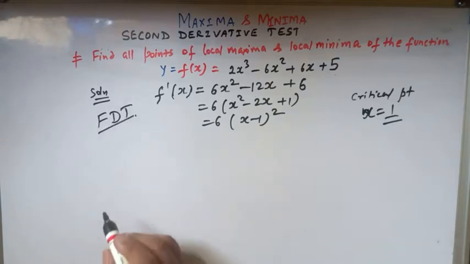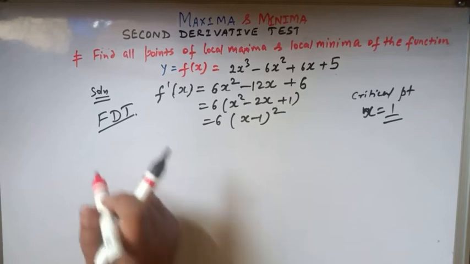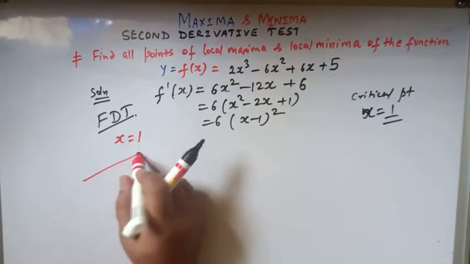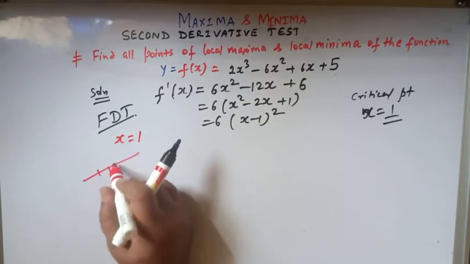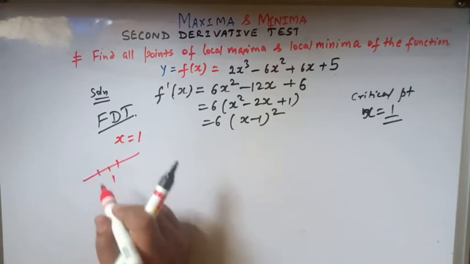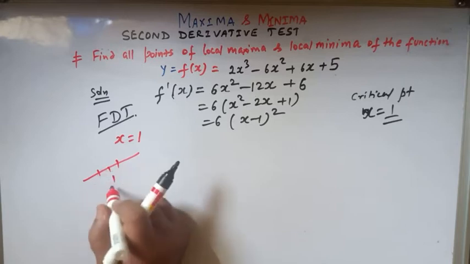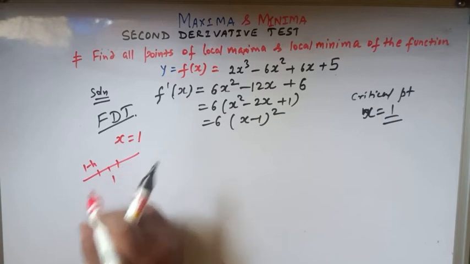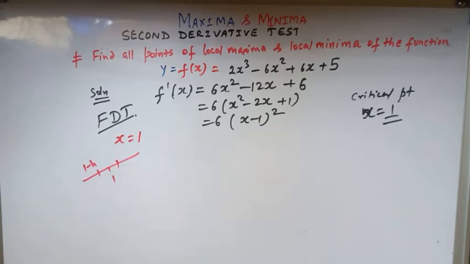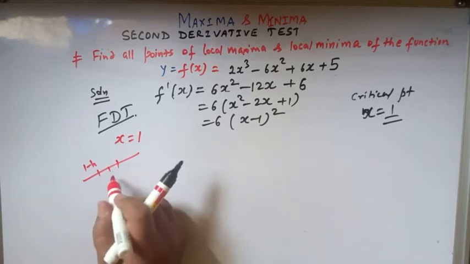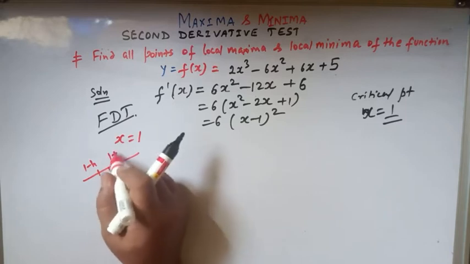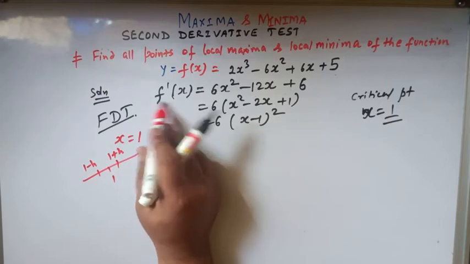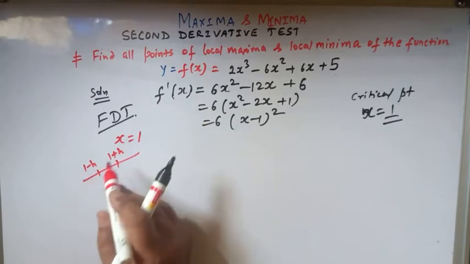And what is the first derivative test? If we have x = 1, then we'll take 2 points. One is immediately to the left of 1, which is 1 − h, and the second is immediately to the right of 1, which is 1 + h, and we'll find the sign of the first derivative at these points.